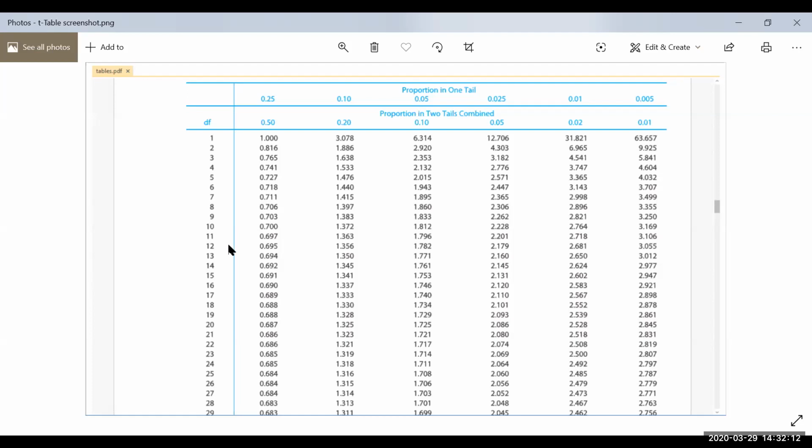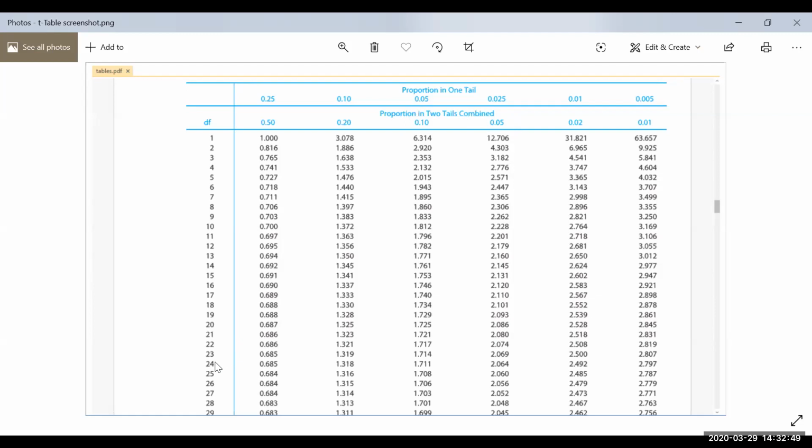Okay, so we have degrees of freedom of 24, right? We are also looking at a proportion in two tails combined in this row at the top, and our alpha is always going to be set at 0.05.